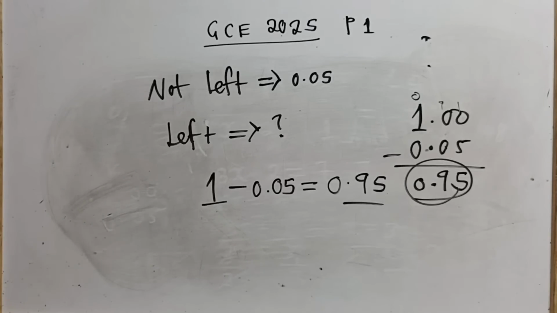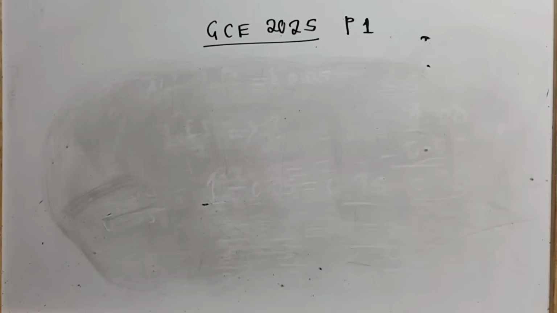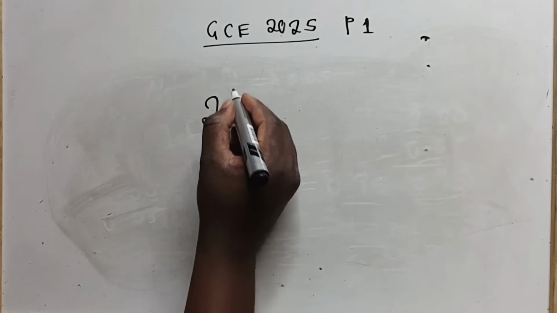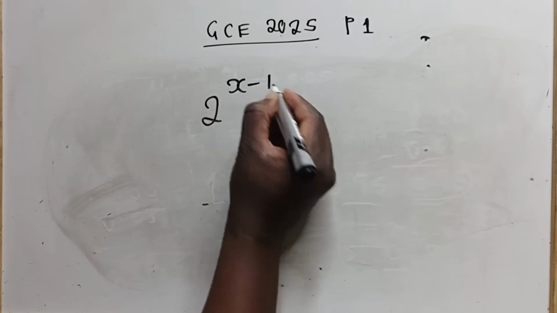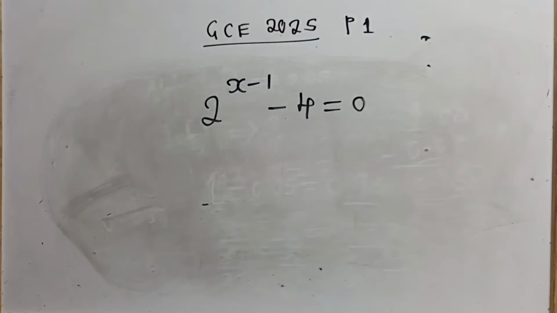So the next question is question 9B. For question 9B, we've got an equation: 2 power x minus 1, minus 4, is equal to 0. So we need to solve this equation.